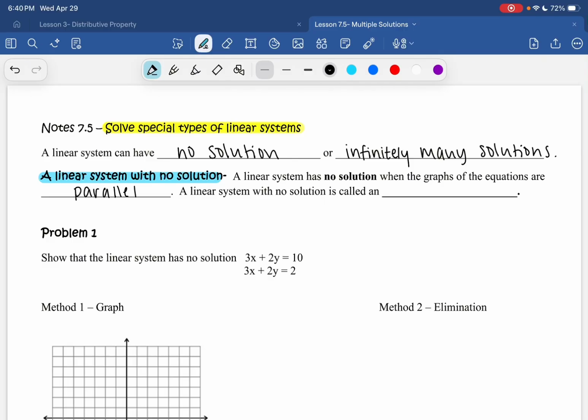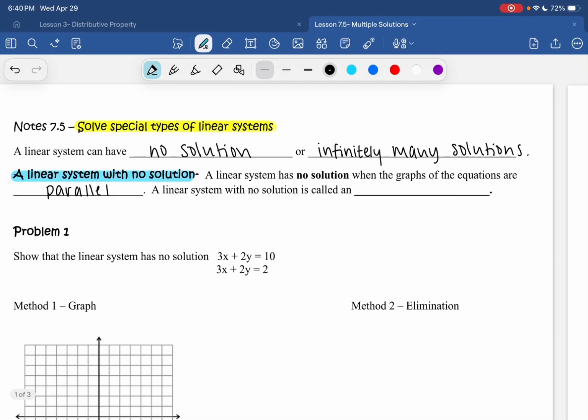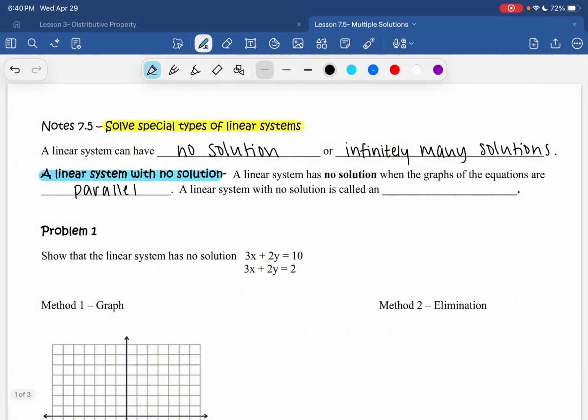When a system has no solution, it's called an inconsistent system. Which you would guess then when we have infinitely many solutions, that's called consistent. So, recap: no solution, lines are parallel, inconsistent, okay?